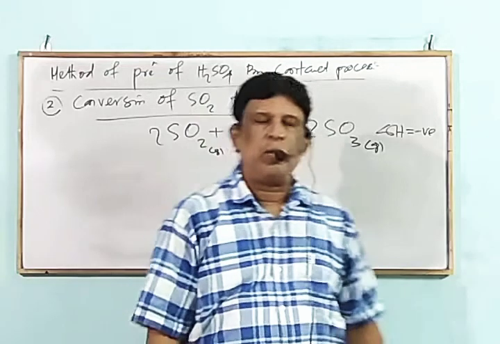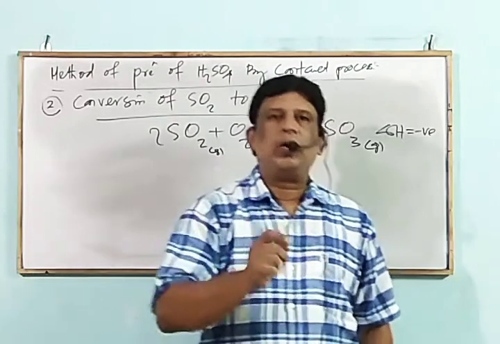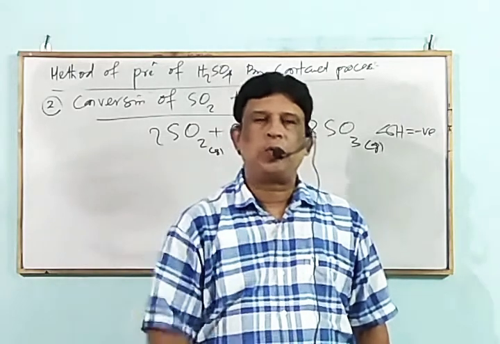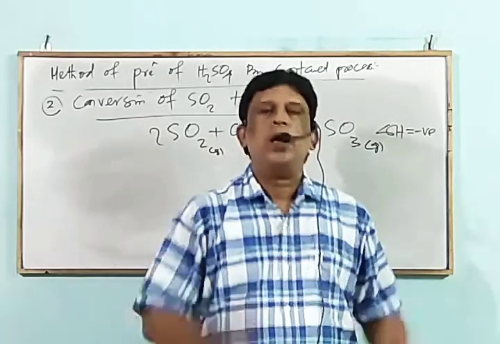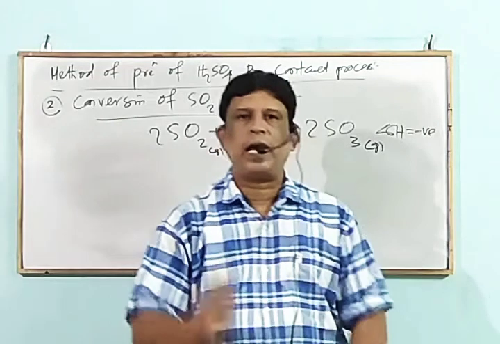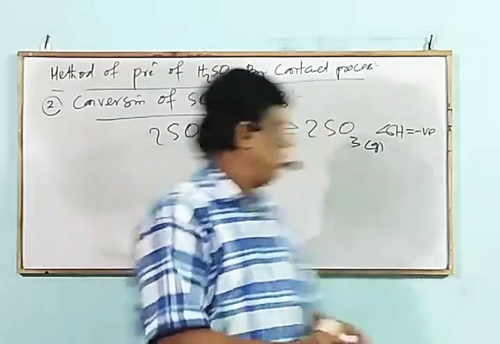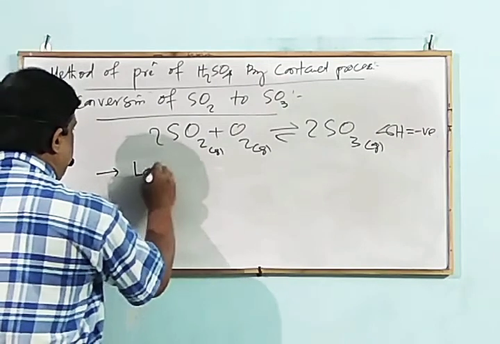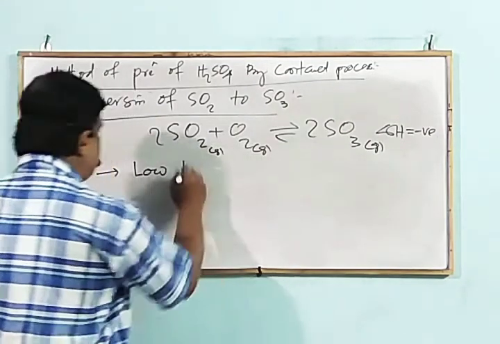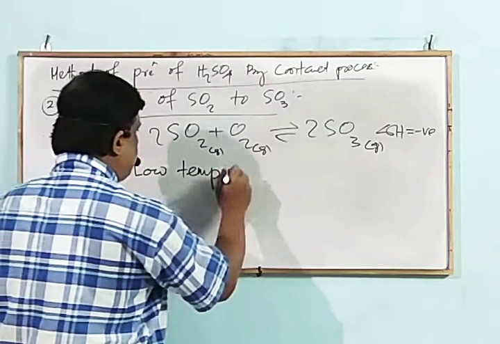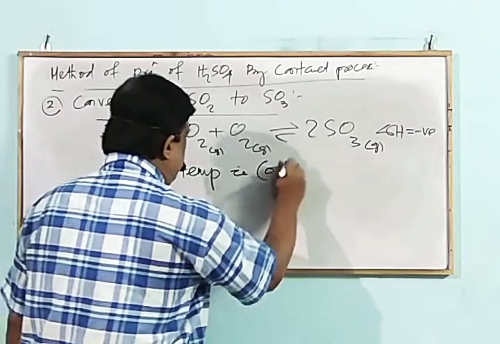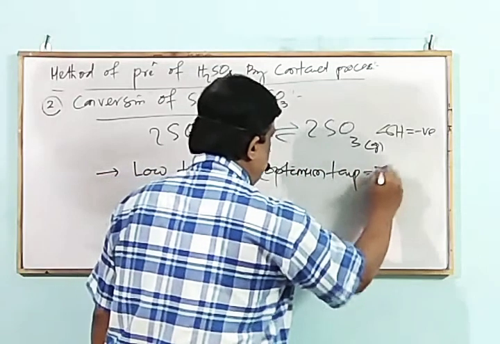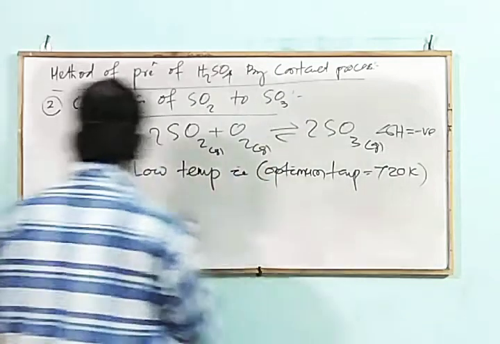As it is an exothermic reaction, applying Le Chatelier's principle, the favorable conditions for maximum yield of sulfur trioxide are, point 1, low temperature, as it is an exothermic reaction, that is, optimum temperature equal to 720 Kelvin.